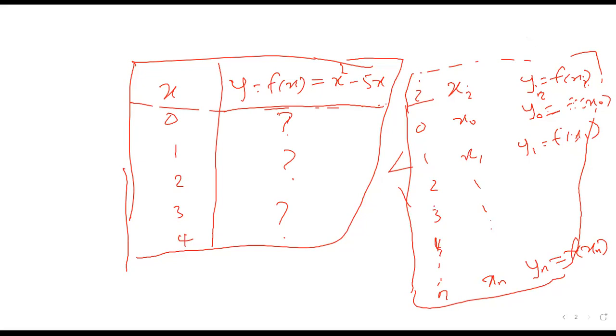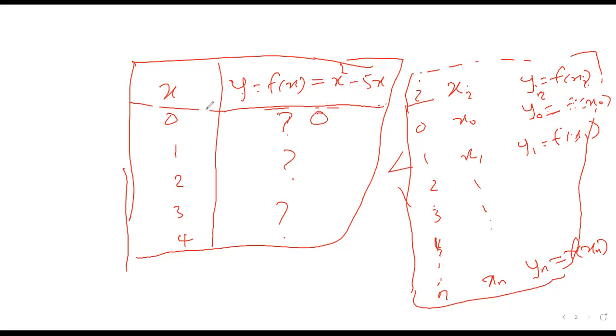Some have sent answers. Correct: 0, -4, -6, -6, -4. If you are getting different answers, please check your answers. For example, if I put 0, it will be 0.